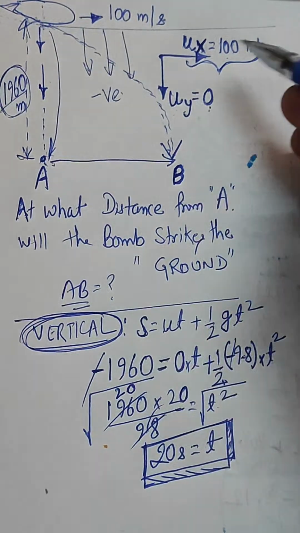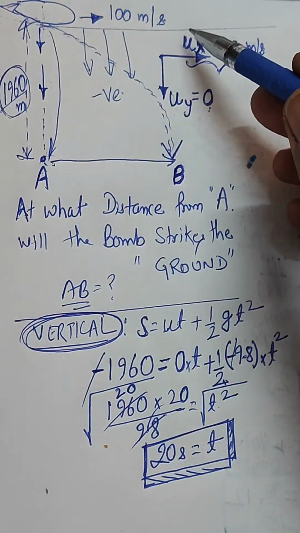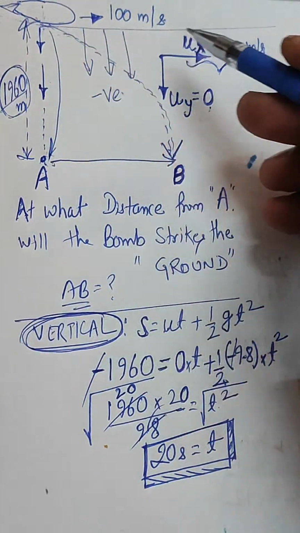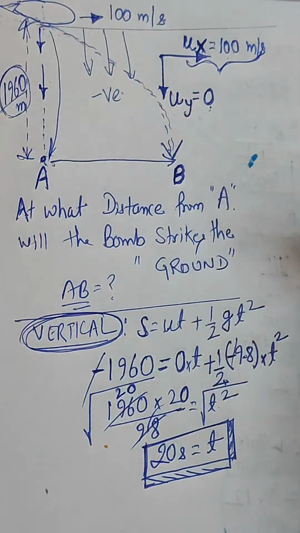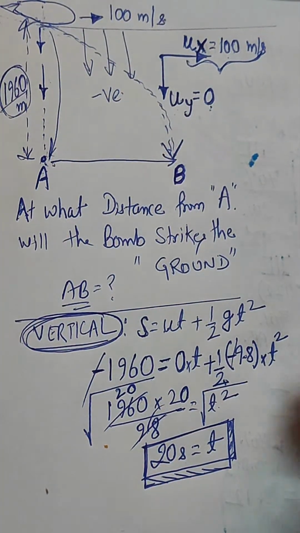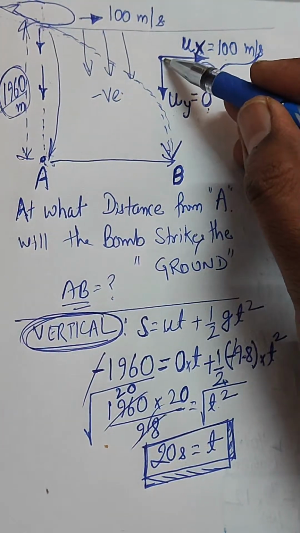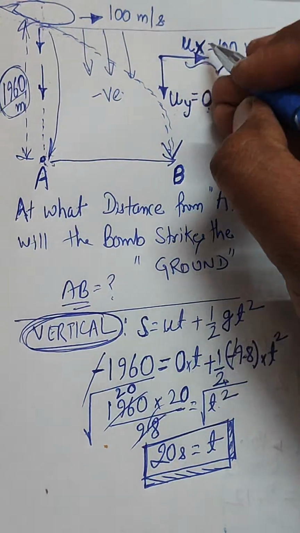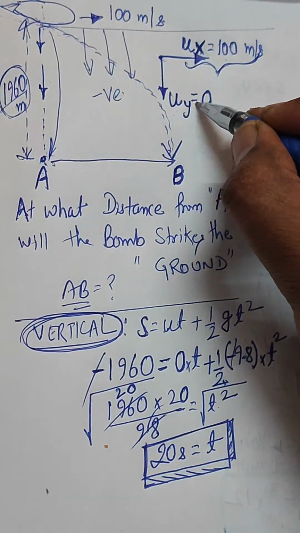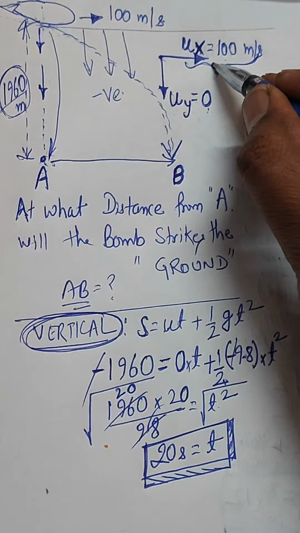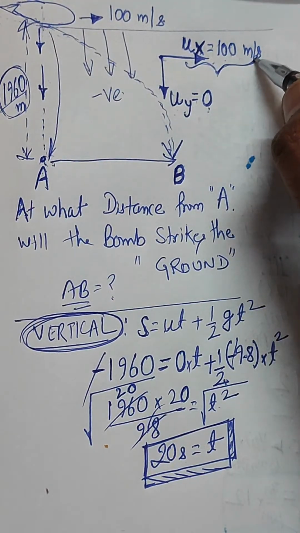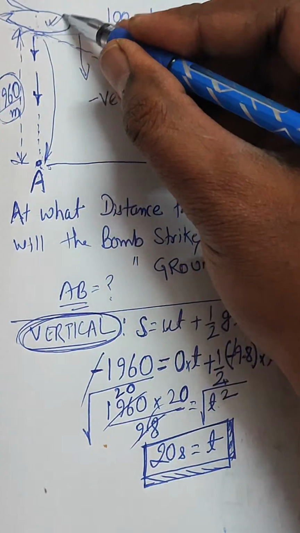How? Because the aeroplane is having a certain velocity, and that velocity is basically the velocity of the bomb also, right? Now, what we did, we just broke the velocity of the bomb into the horizontal component and the vertical component. The horizontal component of the bomb is 100 meter per second, which is the velocity of the aeroplane, right?